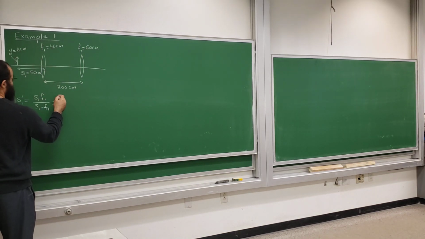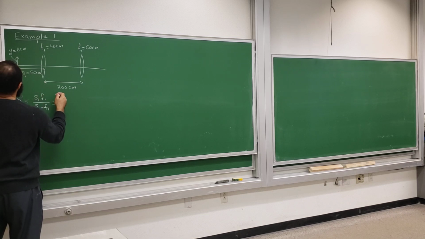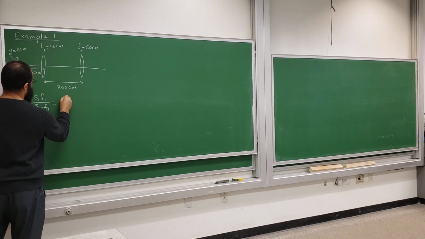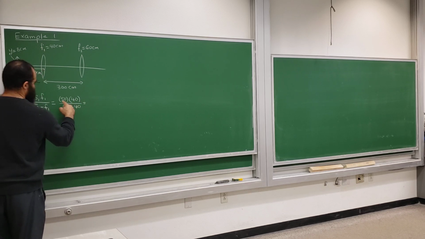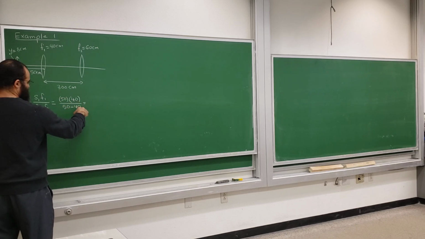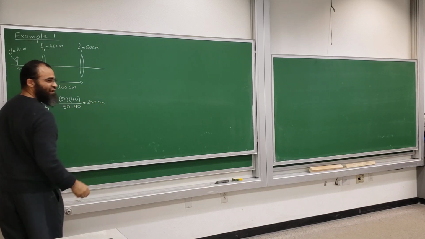So S1 times F1, S1 is 50, F1 is 40, divided by 50 minus F1, which is 40, and so this is 2,000 over 10, so 200 centimeters. Can we agree with that?